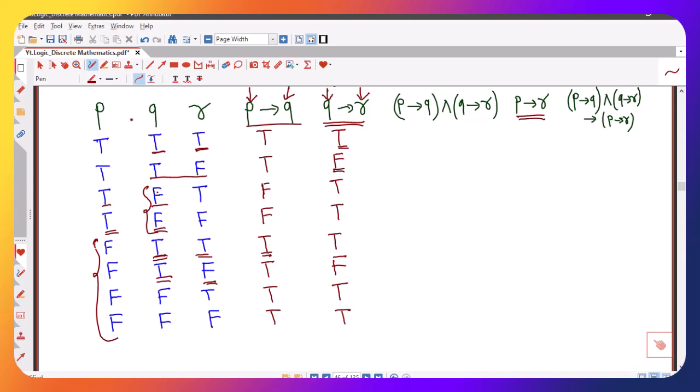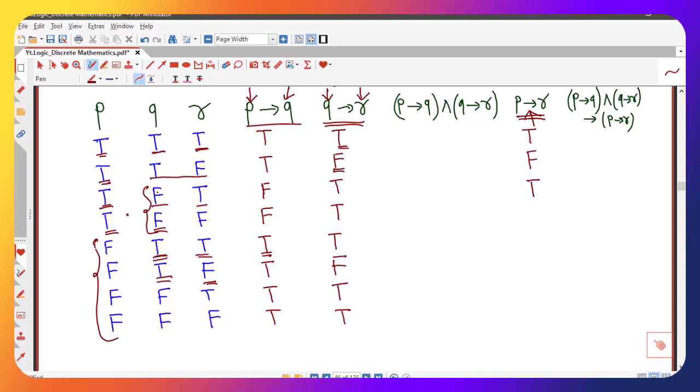So for p to r, this is false if p is true and r is false. So here p is true, r is true, therefore we have truth value T. For the second row, p is true and r is false, therefore this becomes false. For the third row, p and r both are true, therefore we have true here.